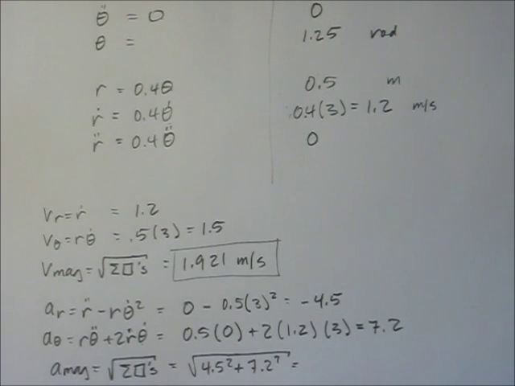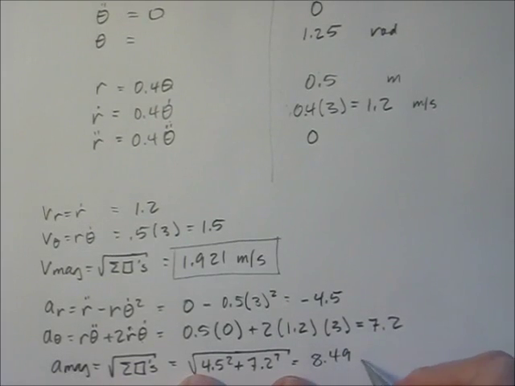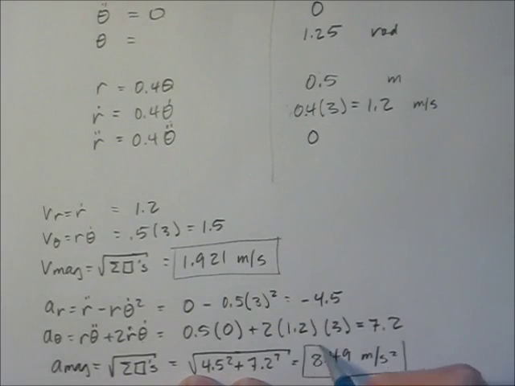Calculator come alive here. 4.5 squared, 7.2 squared, plus, square root, that would be 8.49. And both of those are all in meters per second squared.